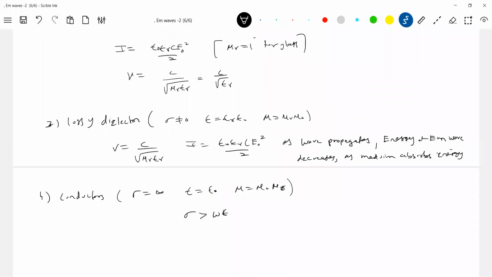So what will happen to the EM wave? Can it propagate in a conducting medium? Yes, it will propagate here. Conductivity will be very high, or say infinity. And the speed of the EM wave, in terms of this, we can write as V equal to C by root of mu r epsilon r. Mu r will come into the picture there, so the magnetic property matters a lot.